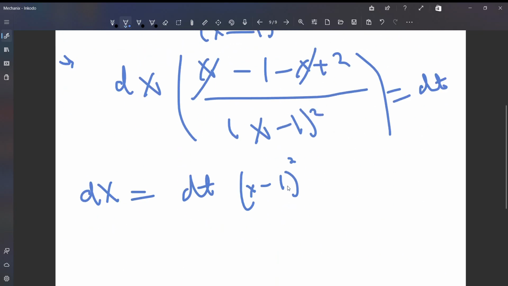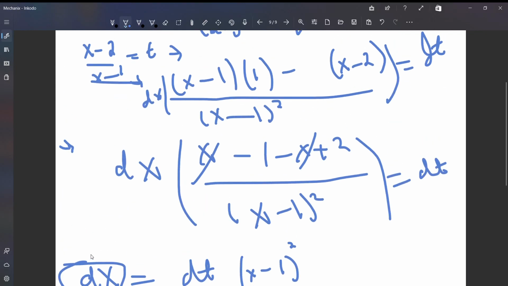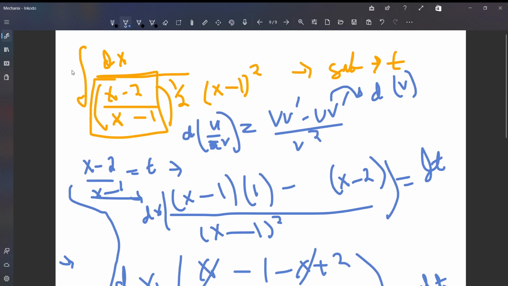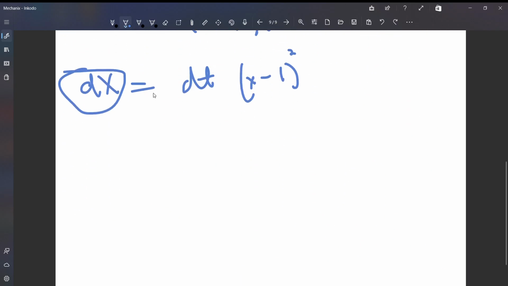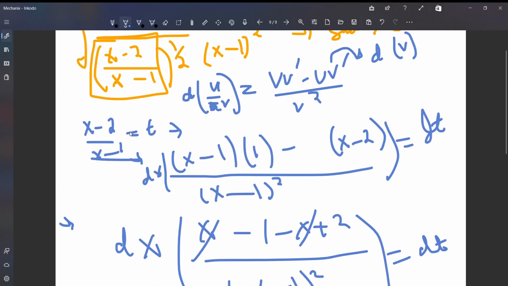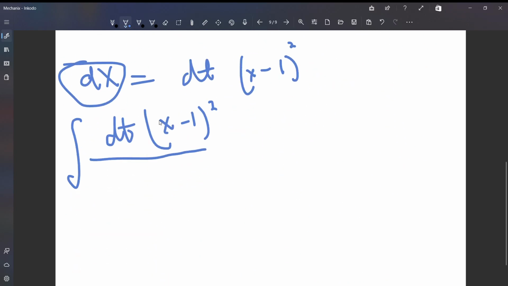Now that we've gotten this, let us put our beautiful dx term into our main integral, that's right up here. So integral dt into x minus 1 whole square over x minus 1 whole square into t power half.